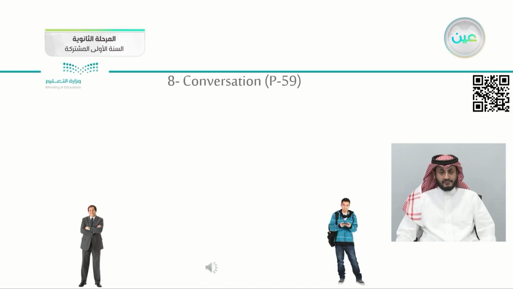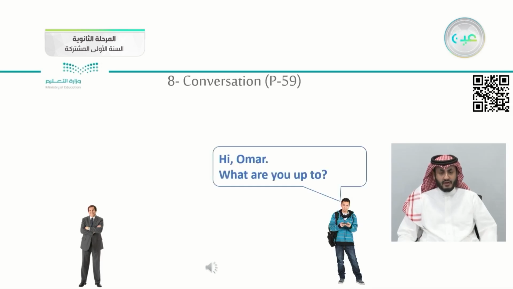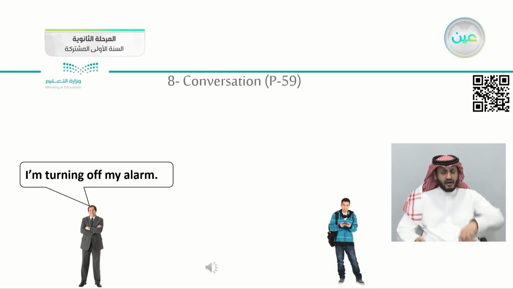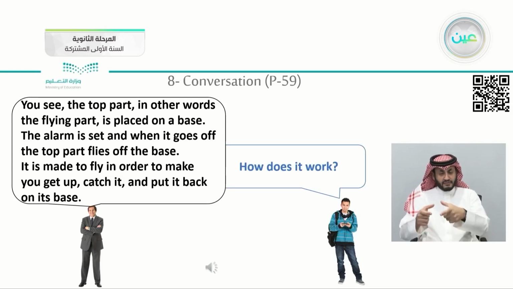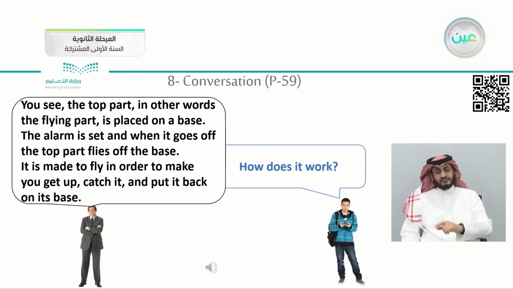Let's listen. Hi, Omar. What are you up to? I'm turning off my alarm. What on earth is that? It's the new flying helicopter alarm. It runs on rechargeable batteries. It's the best alarm clock I've ever had. How does it work? You see, the top part, in other words the flying part, is placed on a base. The alarm is set and when it goes off the top part flies off the base.